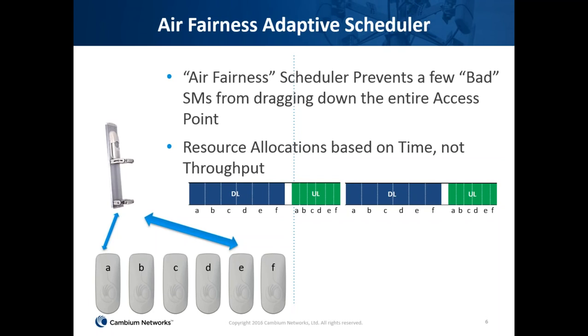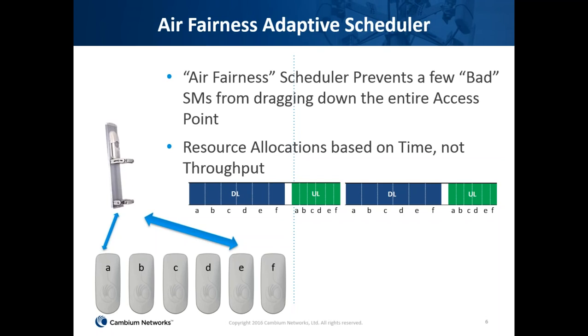So we took a different approach with ePMP in that we have almost a time slot allocation type system. We say to subscriber A, you have 5 milliseconds to transmit data. Then we say to B, you have 5 milliseconds, and so on. So what this ends up with is that the highest performing subscribers still perform as you would hope they do with quite high throughputs, but the lower performing subscribers don't impact everyone else to the extent that they do with non-air fairness systems.